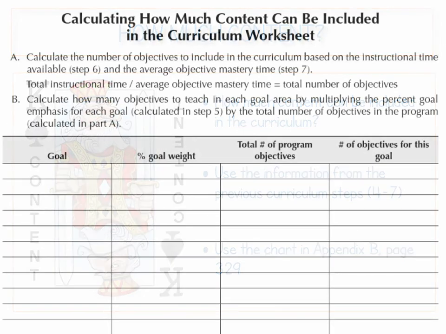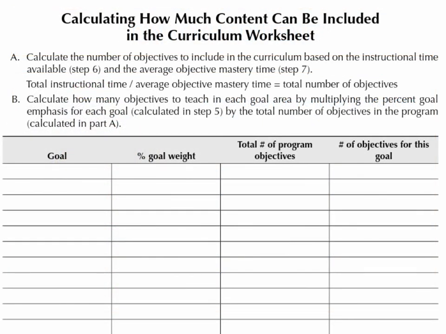Use the blank chart found in Appendix B on page 329 to help you complete this section. Again, use the information from the previous steps, follow the calculations and directions provided in chapter number 6 for completing this step, and when you're done, you should have a completed chart similar to that on page 126, figure 6.9, which identifies how much content can be included in your curriculum.